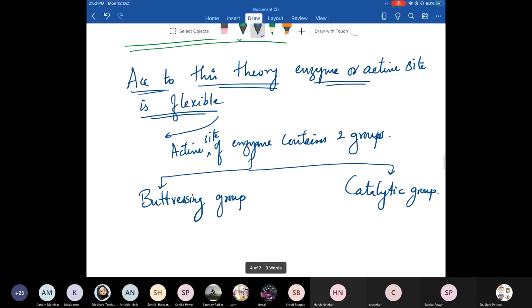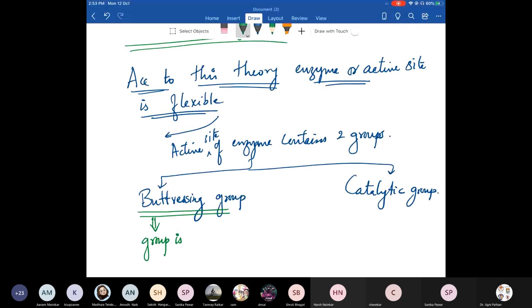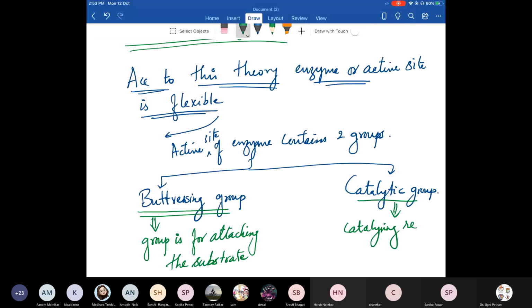The buttressing group is meant for supporting the substrate, for attaching the substrate. Whereas the catalytic group is for catalyzing the reaction, for bringing out the reaction.